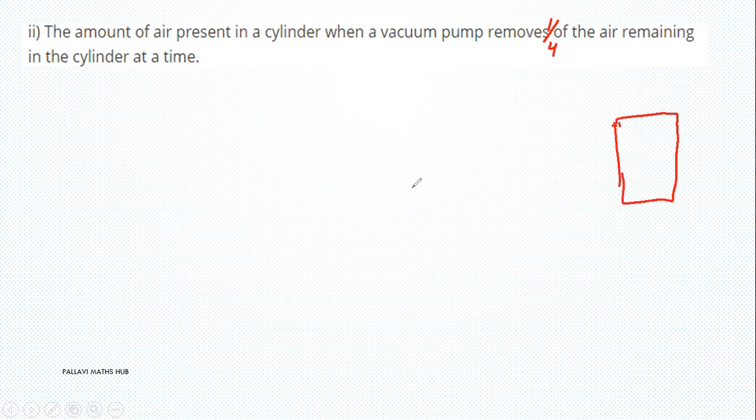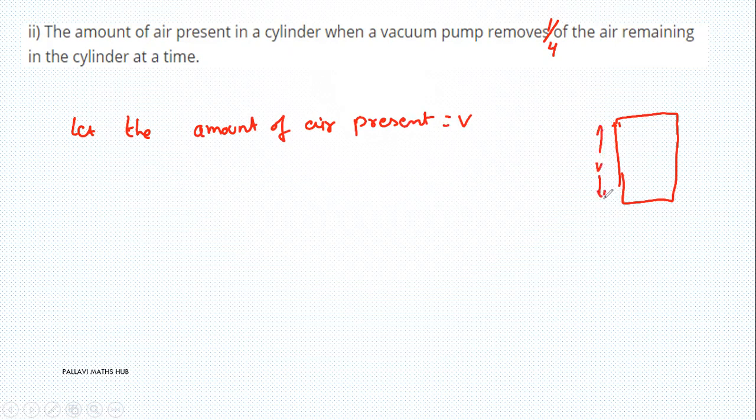I don't know how much air is present in this one, so let the amount of air present be equal to V. By using the vacuum pump, they remove 1/4 of the air.